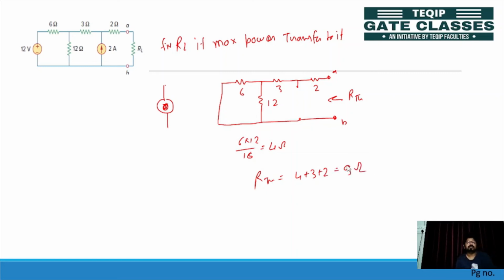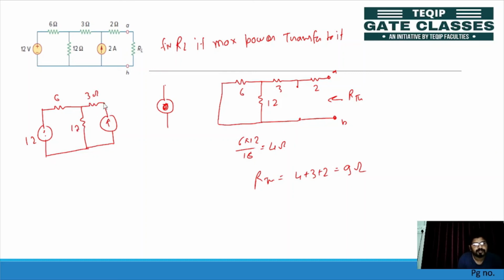Okay, simple. Also, if you want to find the power across that load, then you have to find the VTH across this terminal, same as Thevenin theorem. So you have to write your circuit like this, putting everything at its place.